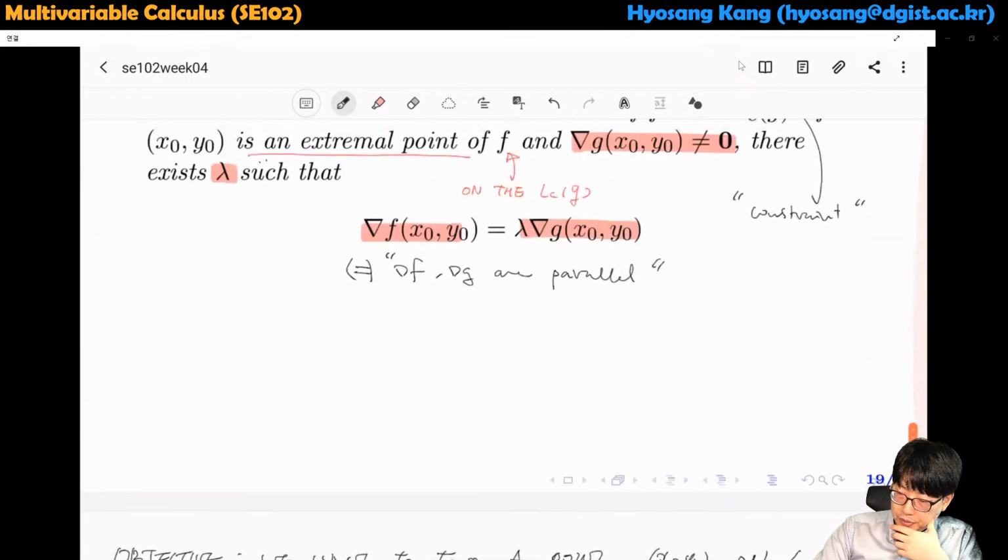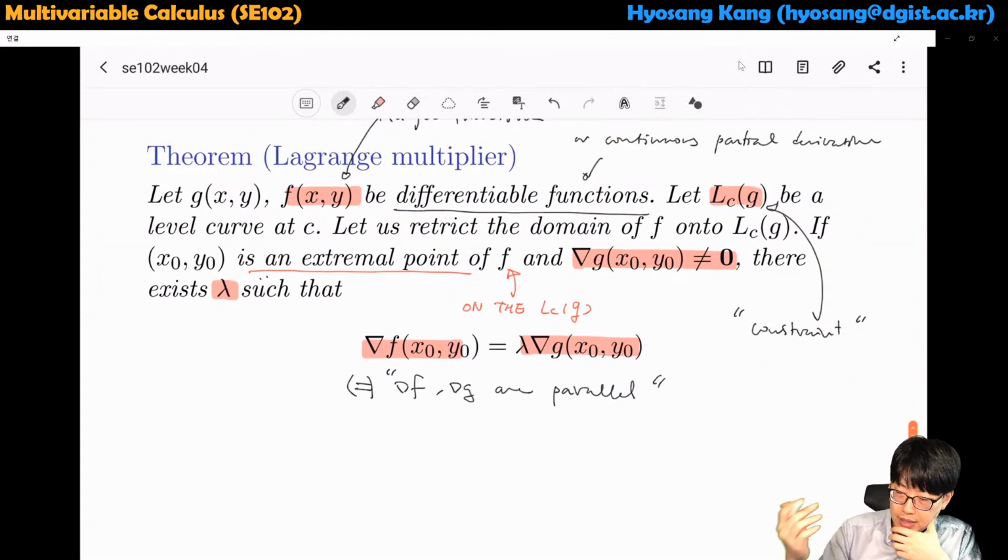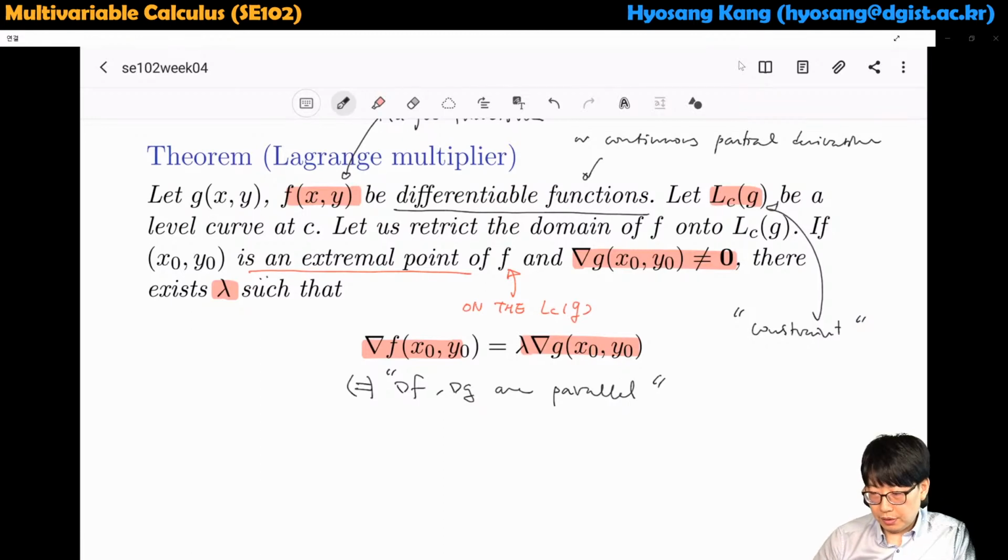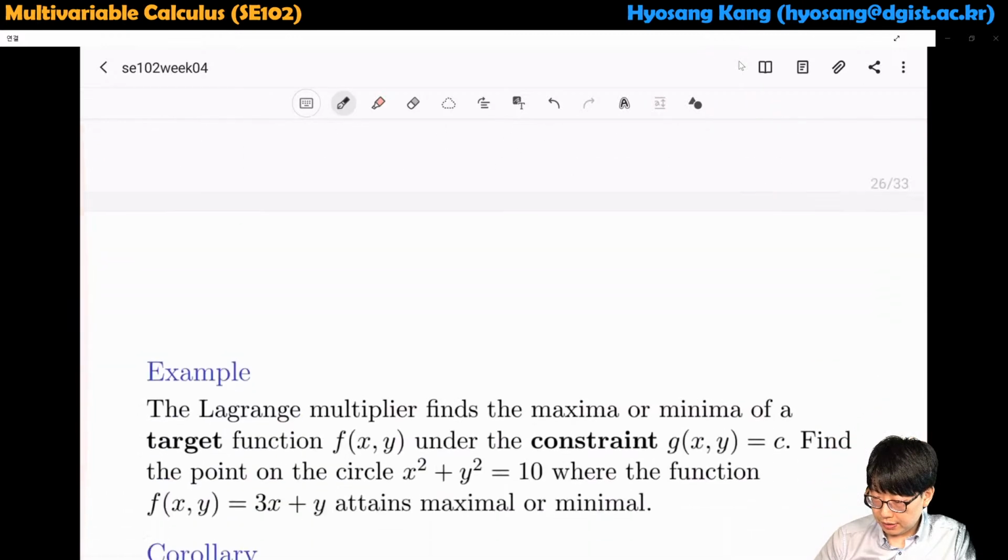This theorem tells you that if it's an extremal, then these two gradient vectors should be parallel. So the actual method goes backward. Let's find all the points whose two gradient vectors are parallel. Then it could be an extremal. It does not guarantee that it is an extremal, because this is simply a converse of the theorem, but it could be one, so we have a nice candidate to check whether it is actually an extremal of the function. So let's look at examples here.